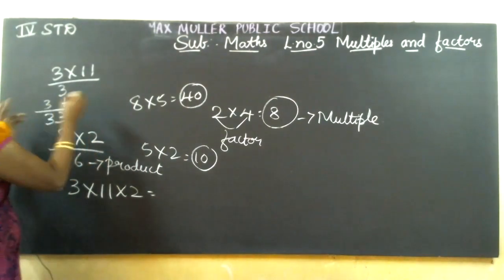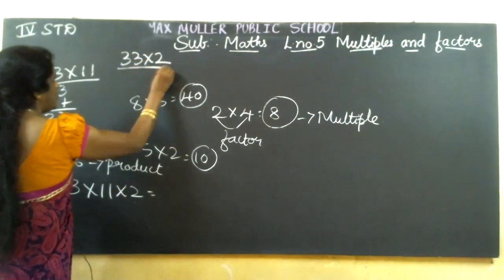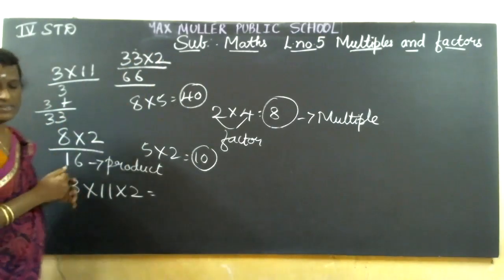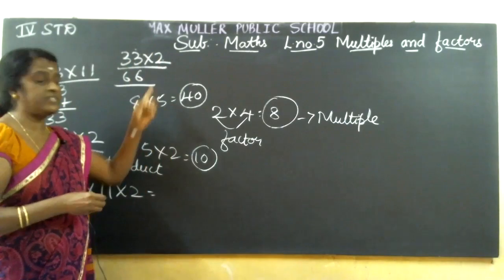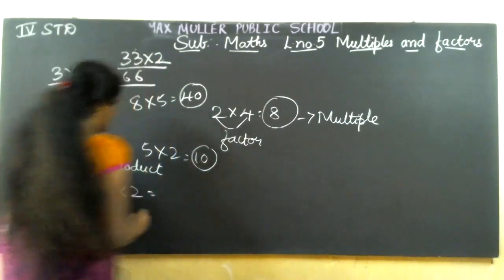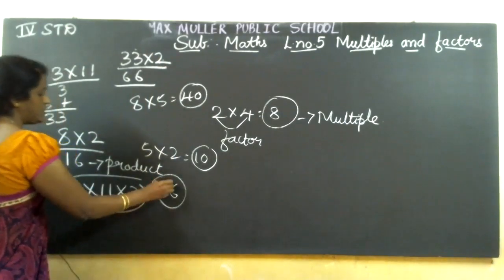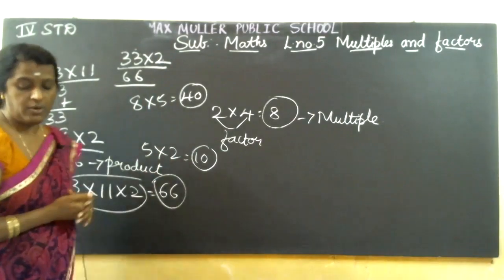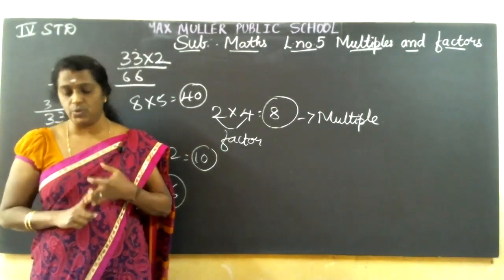Then 33 into 2: 2 3s are 6, so we get 66. This is a multiple of 66, and 3, 11, 2 we call factors. So 66 is a multiple, and 3, 11, 2 are its factors.